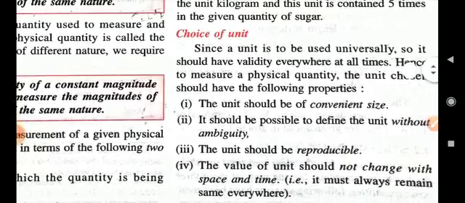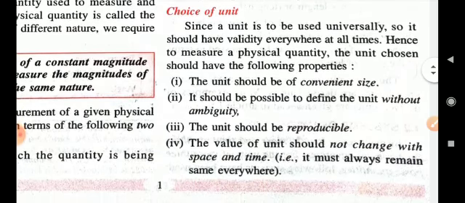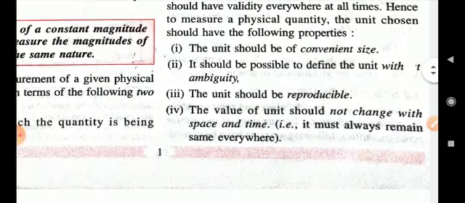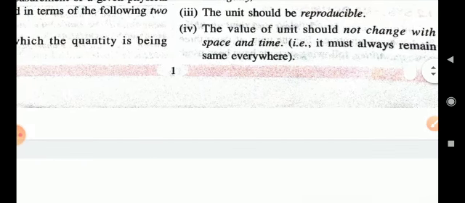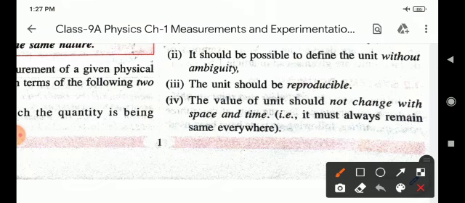Second point, it should be possible to define the unit without ambiguity. The unit should be reproducible. The value of the unit should not change with space and time. Very important point.